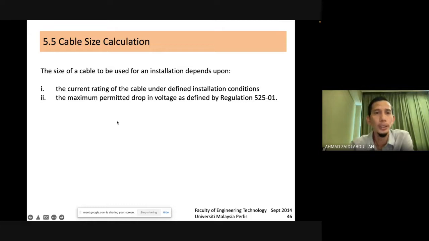Okay, kita determine size cable based on apa? So satu, based on current rating of the cable under defined installation condition. And then number two, the maximum permitted drop in voltage as defined by regulation 525-01.